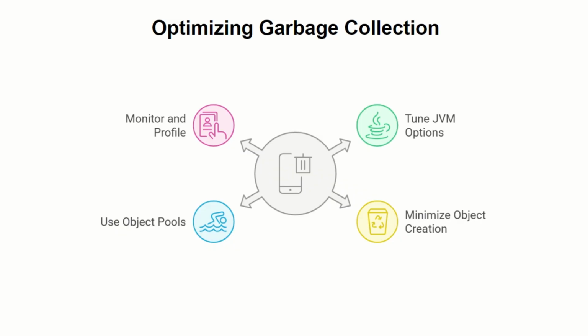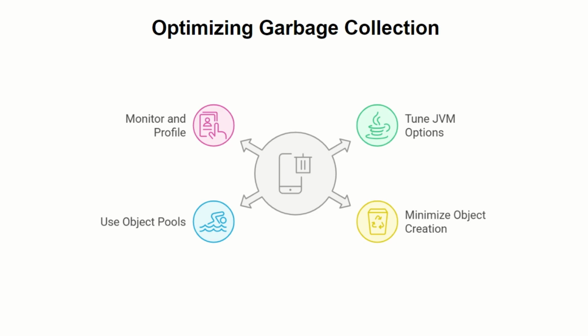So, how can we optimize garbage collection? First, tuning JVM options. In Java, you can adjust GC settings using flags like Xms, Xmx, and Xss as well. You can also choose your own available garbage collector to tune the garbage collection.